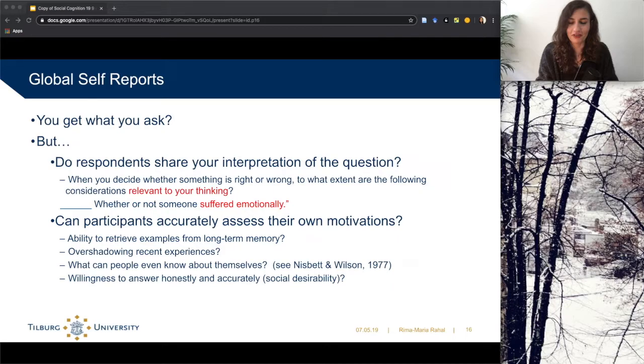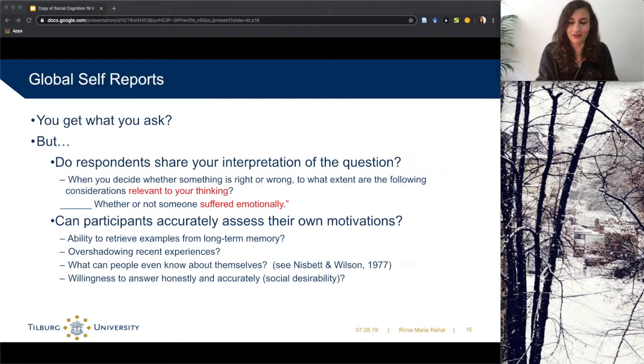What is the level at which we would consider something emotional suffering? Now, if my respondents have different interpretations of this, they will answer the question differently. And given that I don't know these different interpretations, I might make assumptions about their morality that are actually based on falsely or differently understanding my question.